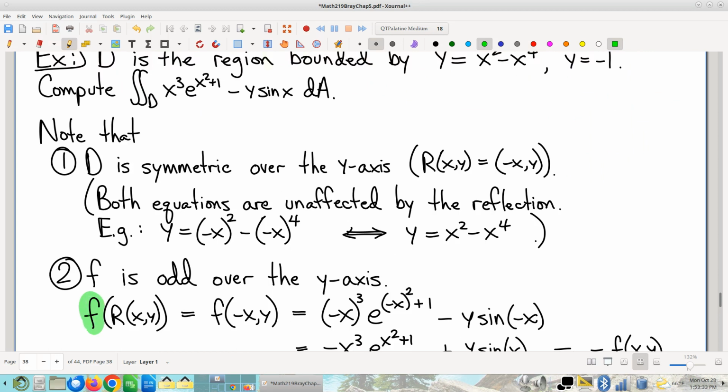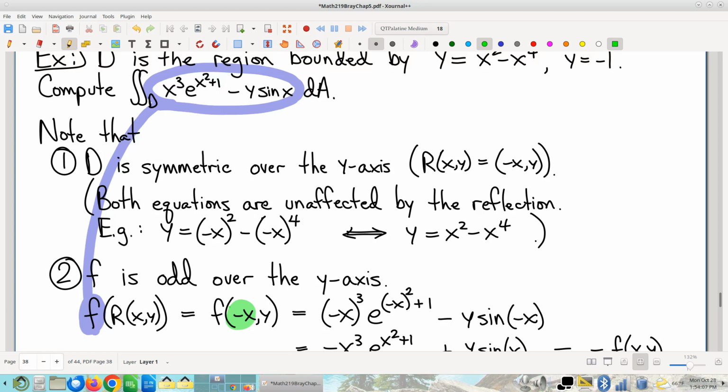This is my F. Bad color choice, let me do it like this. F is that. I've got to plug in the reflection. Keep in mind what this means. When I say negative x is the input, or is the first coordinate of the input, got to keep in mind the formula that we're looking up here at. X is the first input, y is the second input.